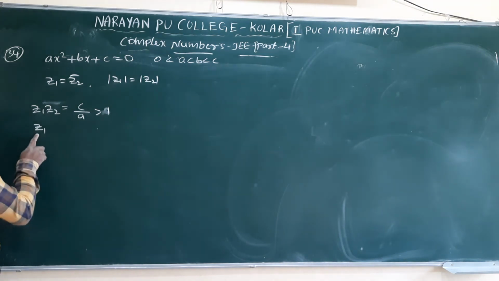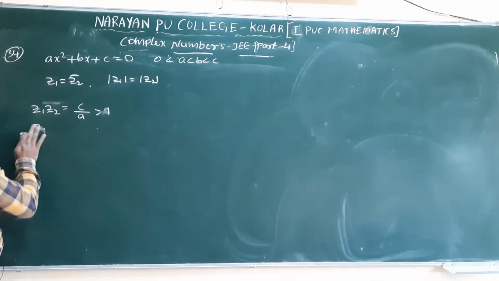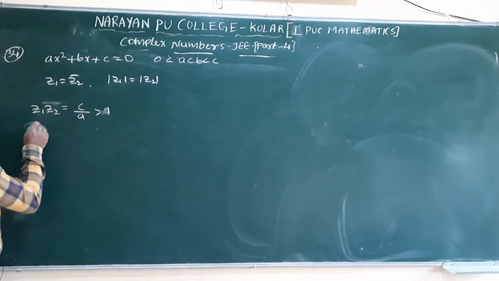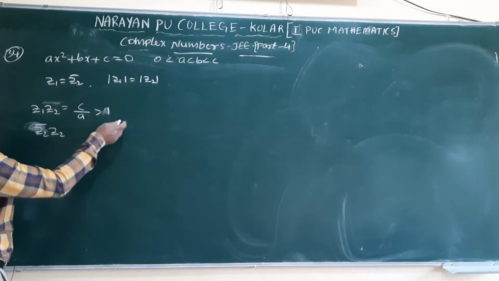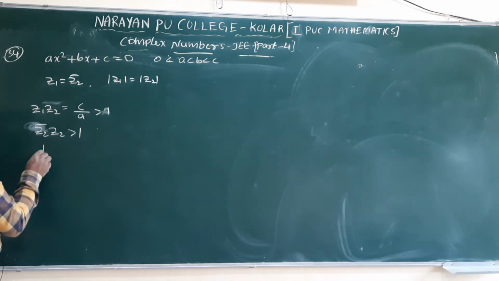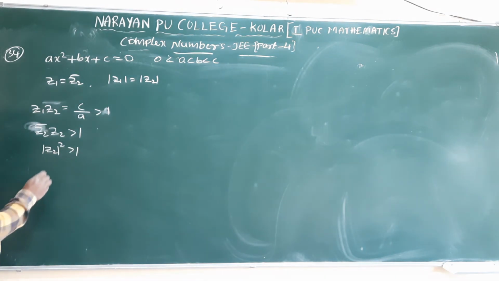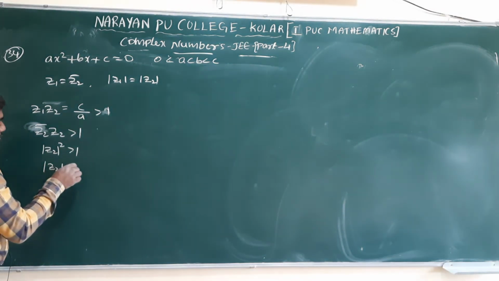Since z1 is z2 bar, we have z2 bar into z2 greater than 1, so modulus of z2 square is greater than 1, then modulus of z2 is greater than 1.